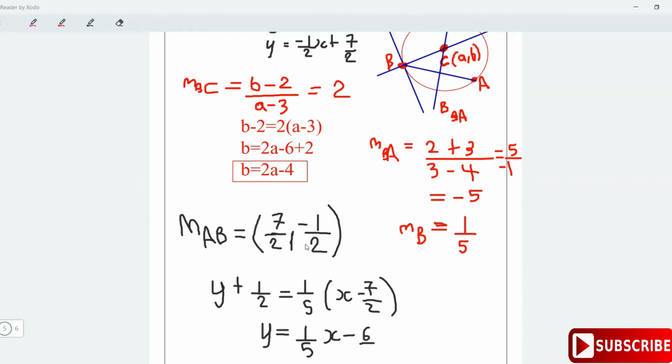Now look at this. Now we can insert the center. The center will satisfy the equation of this line.